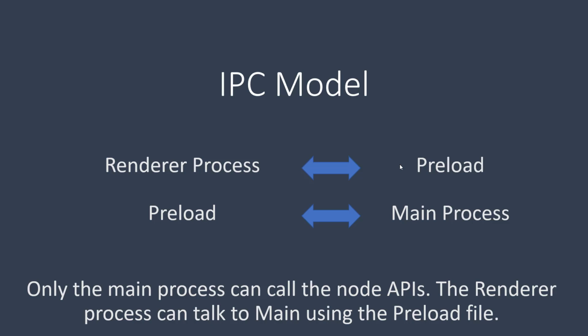The first is the renderer JavaScript, which deals with all the interface work. If you've got buttons or stuff happening on the screen, all of that goes into the renderer.js file. Of course, you can call it anything you want, but it deals with the renderer exclusively. Then you've got the preload script, which is actually also a part of the renderer process, but it has more rights, in the sense that it can talk to the main process.